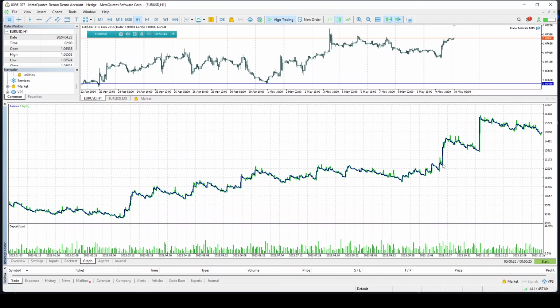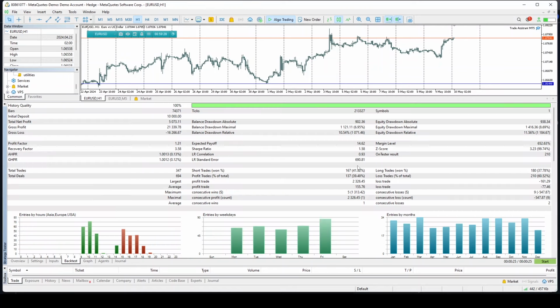The equity curve is still not that bad, but compared to the previous equity curve, this is not as good, even though it is still profitable. What's the Sharpe ratio? You can see the Sharpe ratio has now reduced from 3 to 1.58.